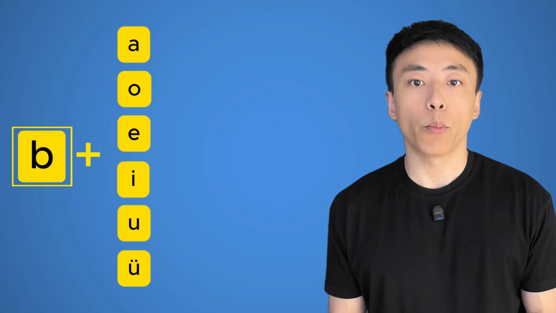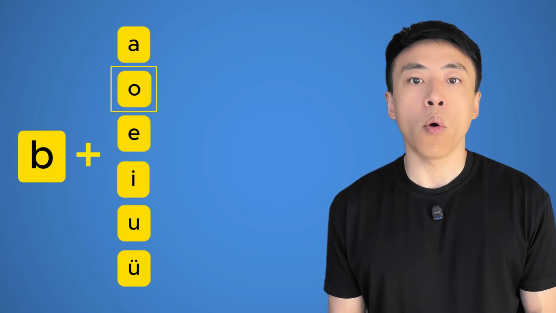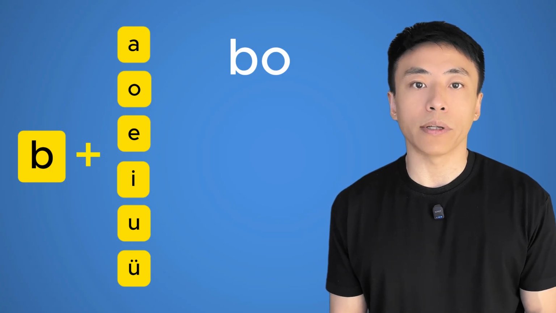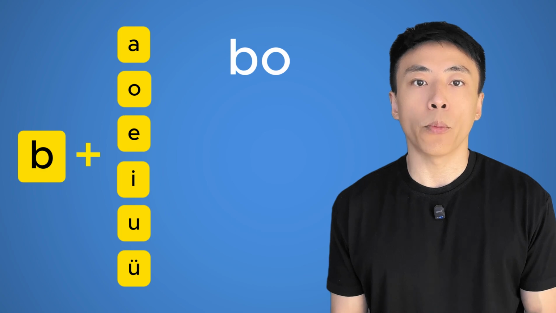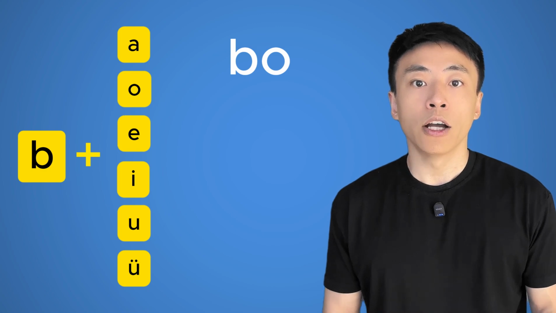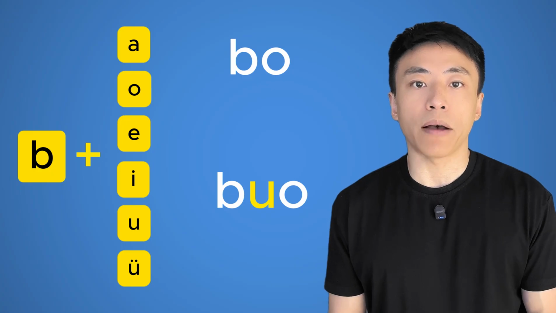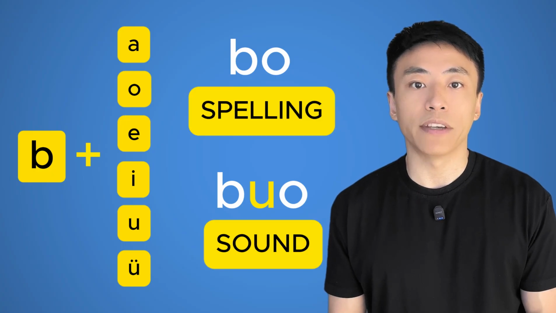Next one, B, O, Bo. In Mandarin, the vowel O does not occur on its own after the initials B, P, M, and F. To make the transition smoother, a shorter U sound is inserted before O. However, Pinyin still spells it simply as bo for convenience.